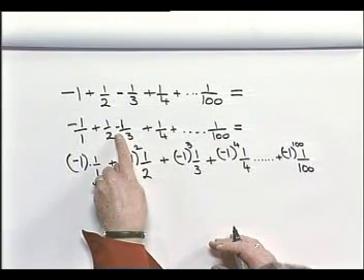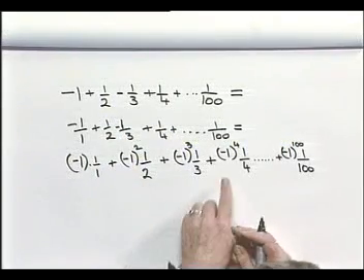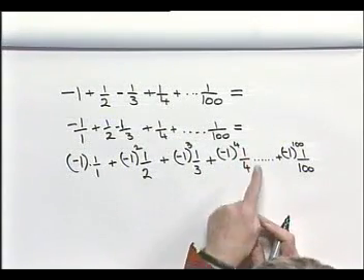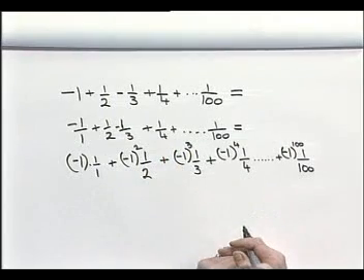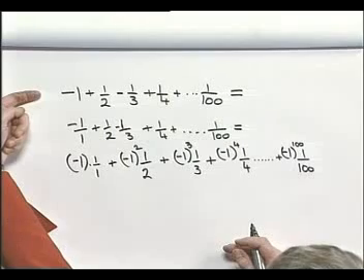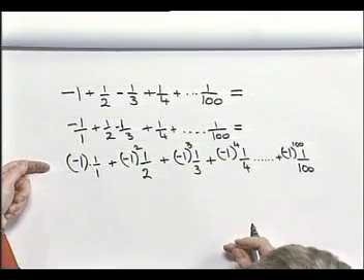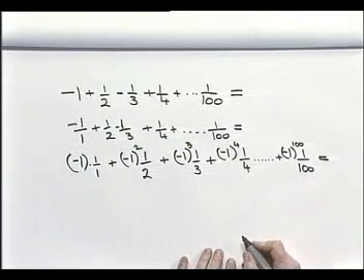So that's where we get the -1/3. -1 to the power of 4 is +1 times by a quarter, gives us our plus 1 over 4.